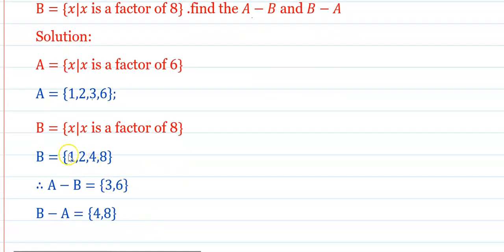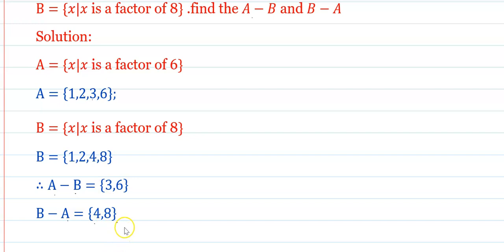Factors of 8: 1, 2, 4, 8. What about A minus B? मग त्यातले कॉमन इलेमेंट दोघांमध्ये कोणते 1 2 आहे. ओके, यातनं 1 2 जर गेला तर काय राहणार 3 and 6. Therefore A minus B is equal to 3, 6. B minus A: B is 1, 2, 4, 8, and here 1, 2. Then what are the remaining? 4 and 8, these are the remaining.